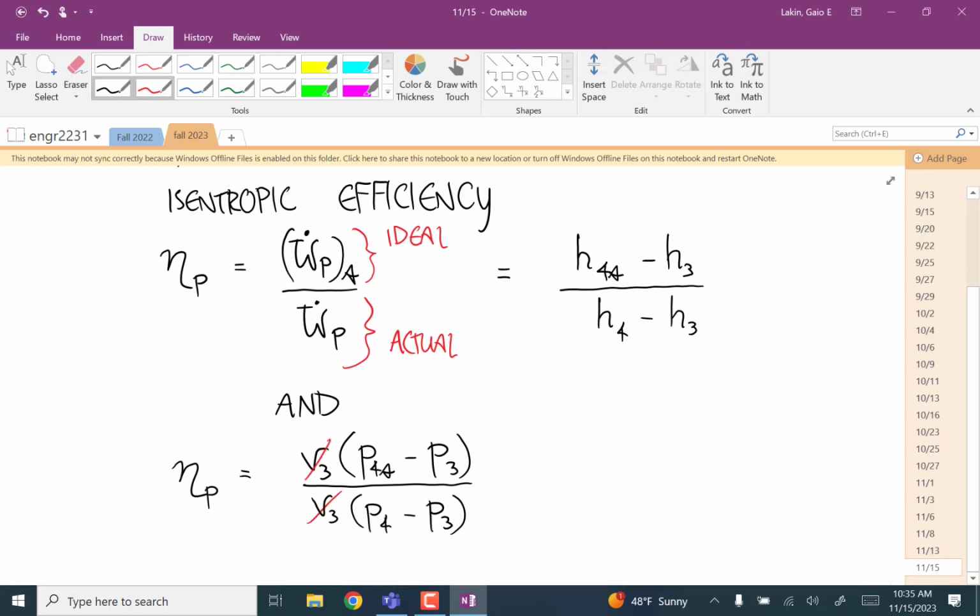These cancel. And so you get pressure 4S minus pressure 3 divided by pressure 4 minus pressure 3.